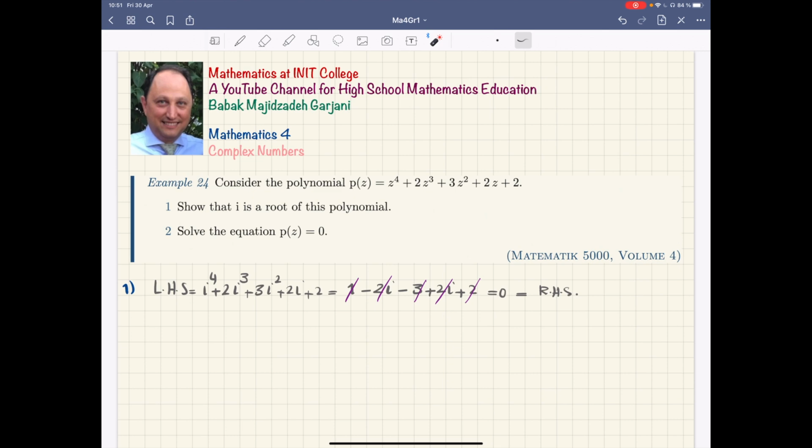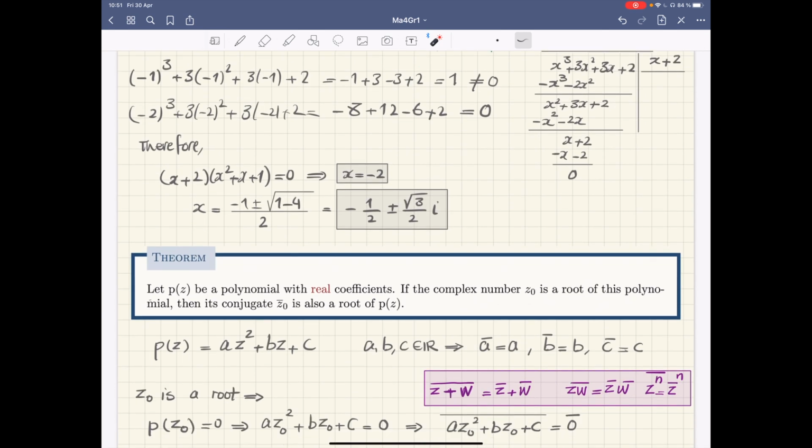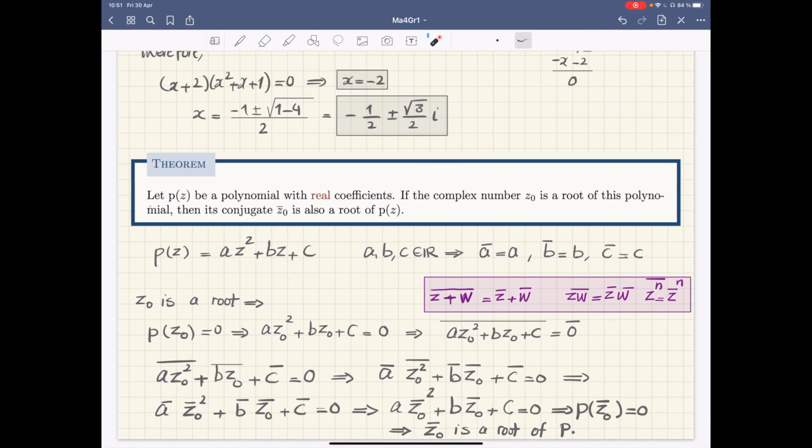Can you tell me how the previous theorem, just this theorem, can help me solve this problem more easily? This theorem tells you that if you know that a complex number is a root of your polynomial with real coefficients, its complex conjugate is definitely a root.